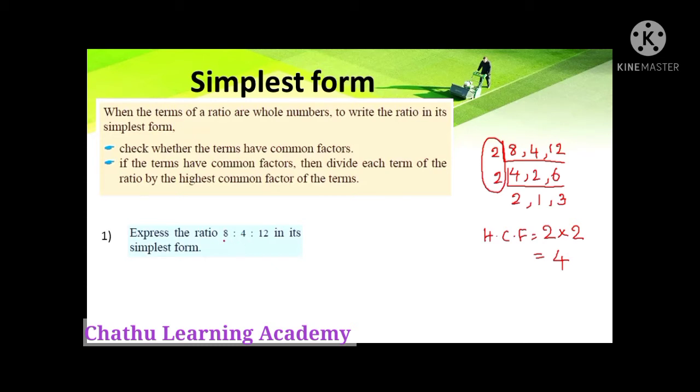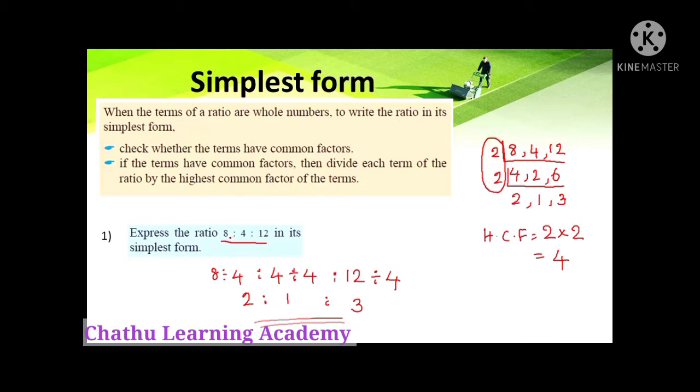We want to divide these terms by 4. 8 divide by 4, 4 divide by 4, 12 divide by 4. Then we get 2 is to 1 is to 3. Then this is the simplest form of this ratio.